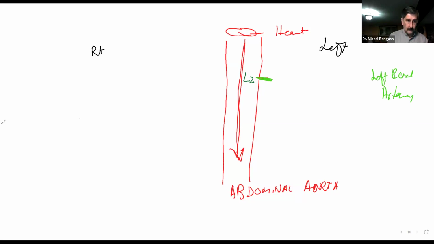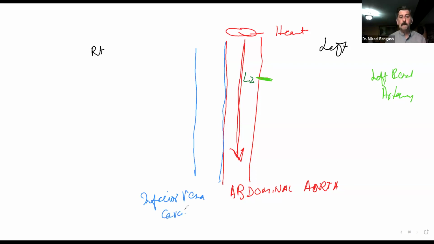Now, guys, on the right side of the abdominal aorta is going to be the major vein in the abdomen, which is the inferior vena cava.